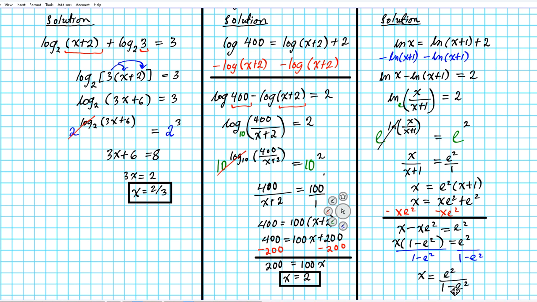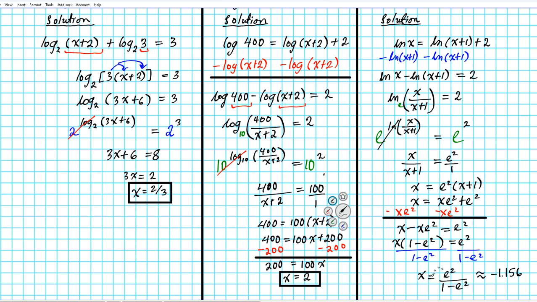So 1 minus e squared is going to result in a negative number. In this particular situation, you could plug it into your calculator to check it out. This number is approximately negative 1.156. You can plug it in your calculator to check it out.